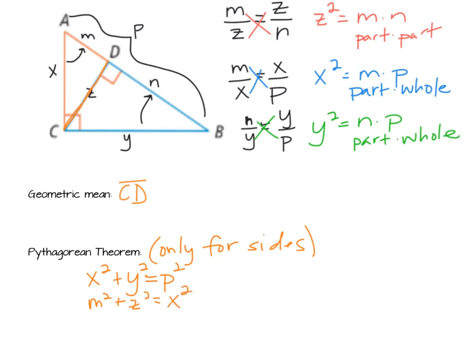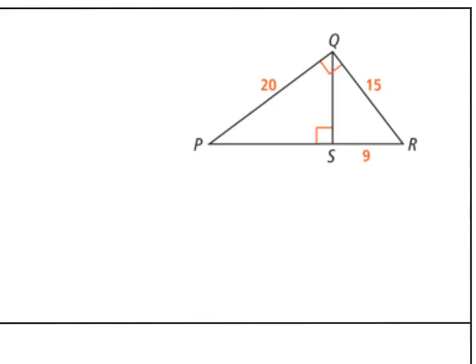And then the bluish triangle at the bottom has Y as the hypotenuse. That one's N squared plus Z squared equals Y squared. We'll have the option of either cross multiplying and getting those formulas up above in red, blue, and green, but we can always default to the Pythagorean theorem if that's going to be an easier option. All right, let's see how this works with some examples on the next page.